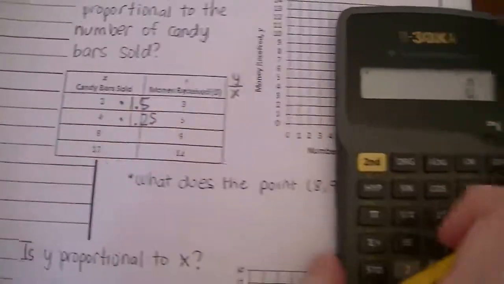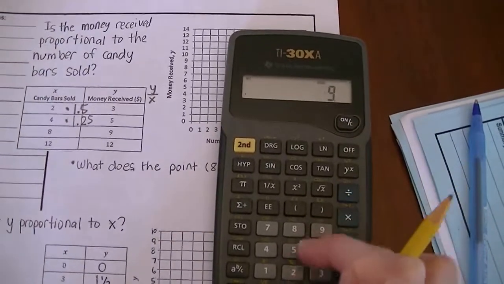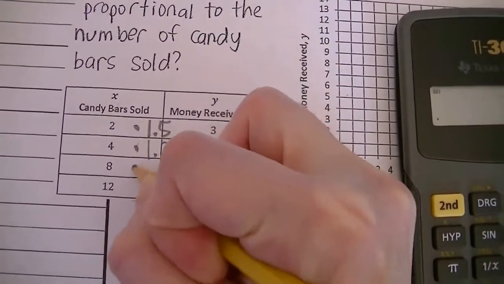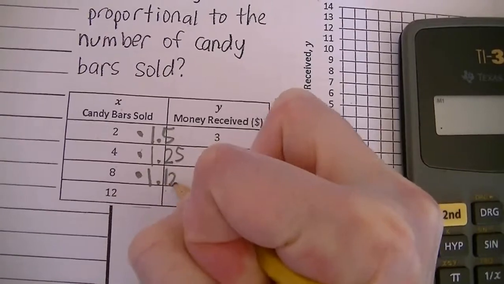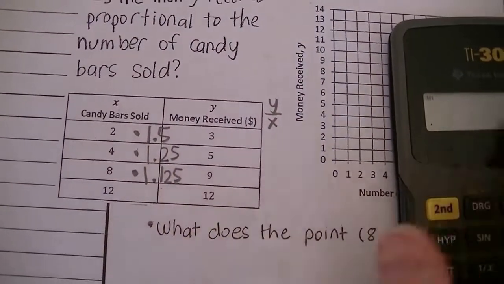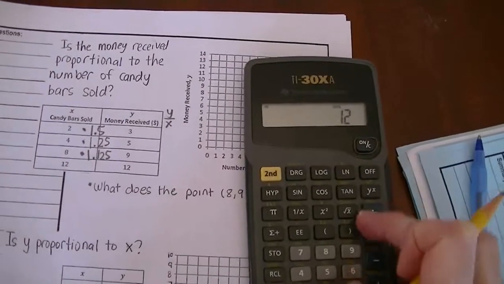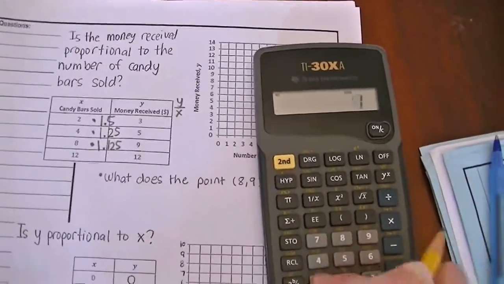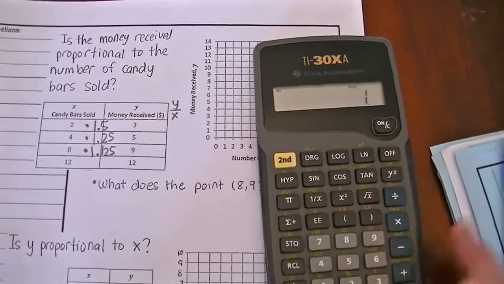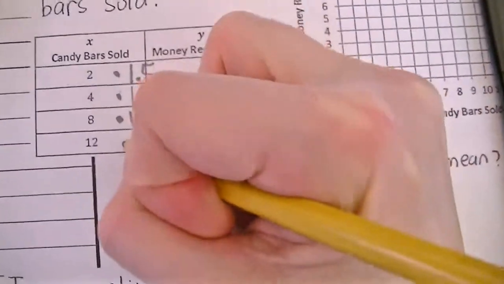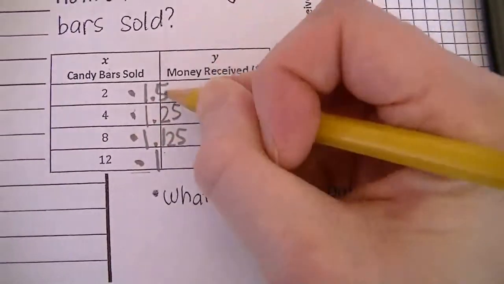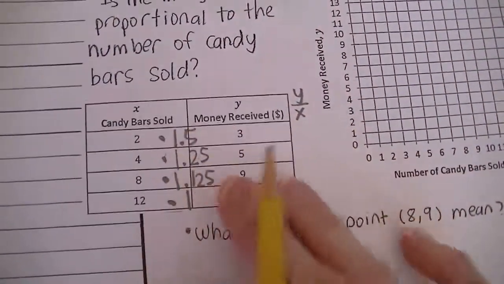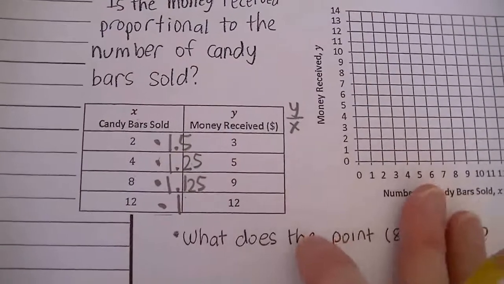And 9 divided by 8, because it's y divided by x, is 1 125/1000. 12 divided by 12, that is 1. Okay, so you'll see right here that there are different rates that exist, and therefore this is not a proportional graph.